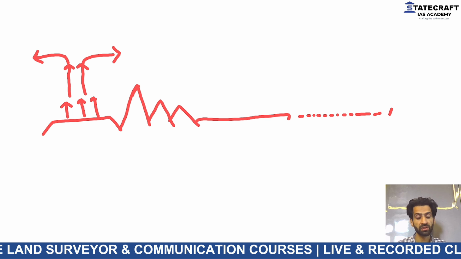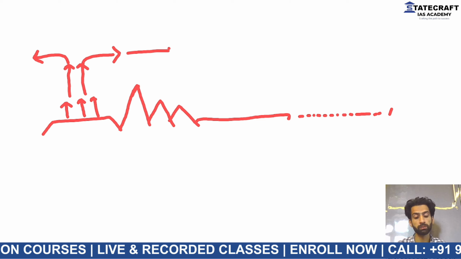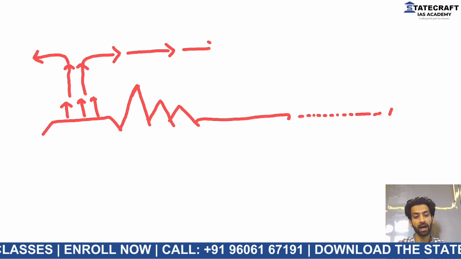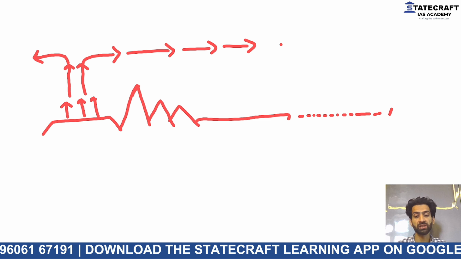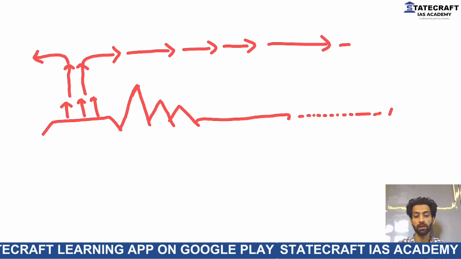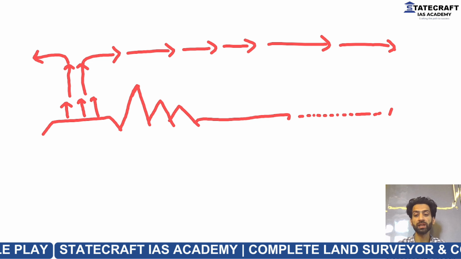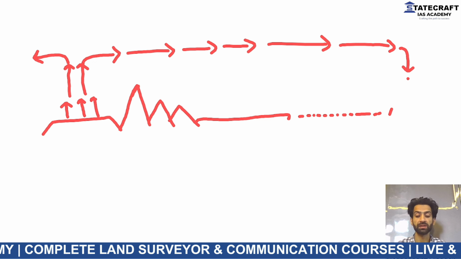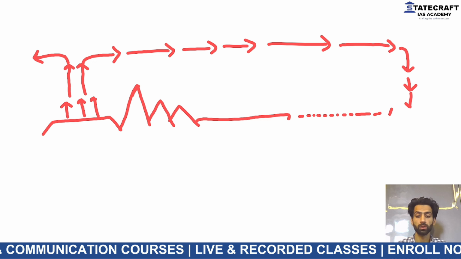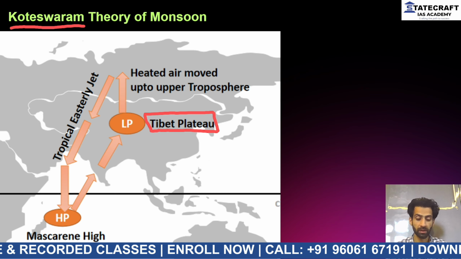This branch that starts over India and starts to blow over India couples with the high pressure condition at Mascarenes High. Okay, and it will start to sink at Mascarenes. I'll show you on a map what I'm talking about. Look at this.